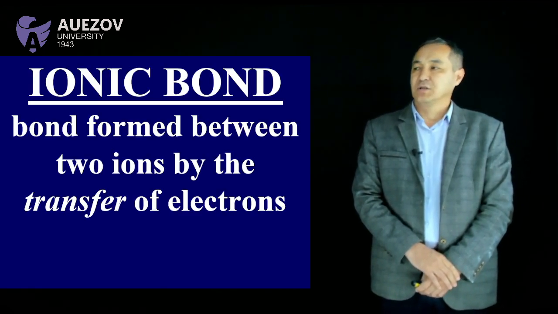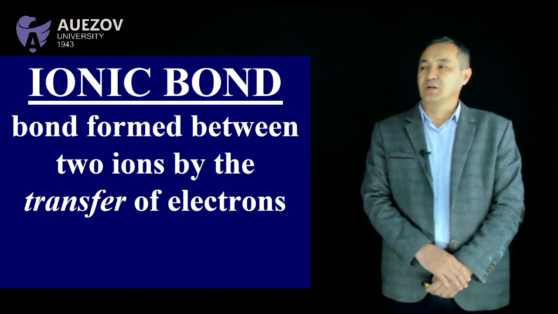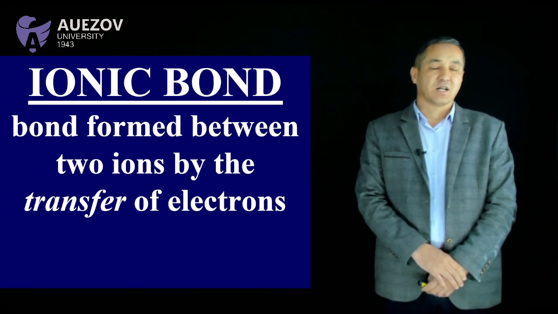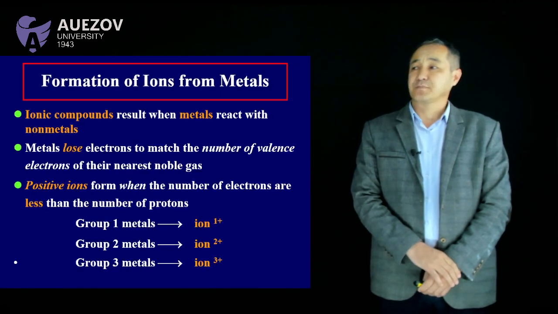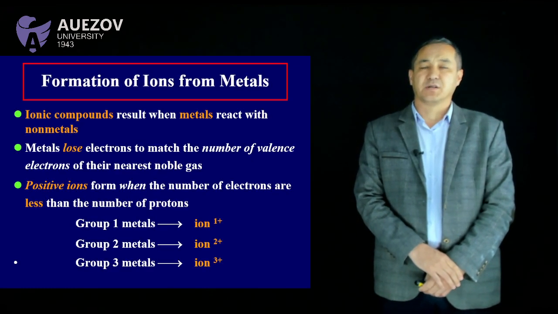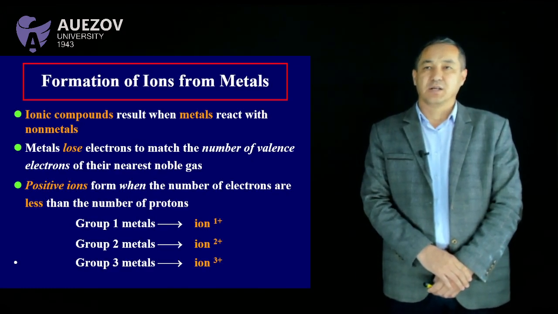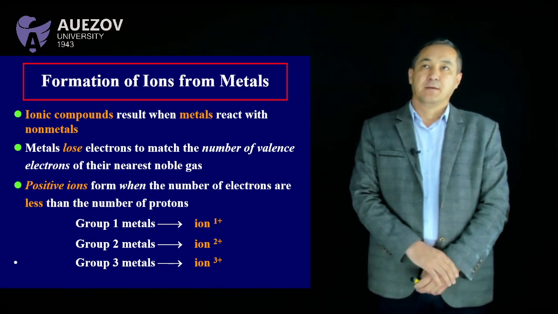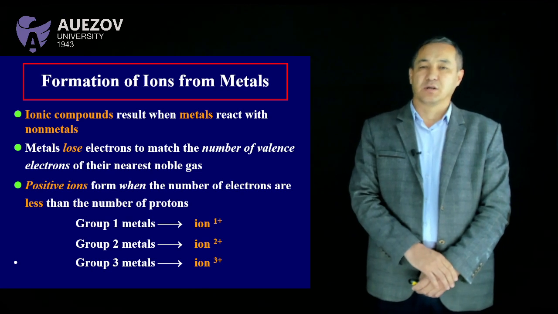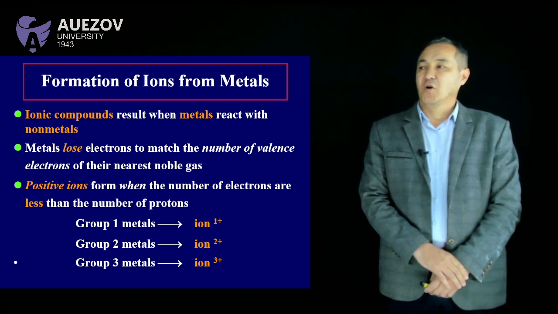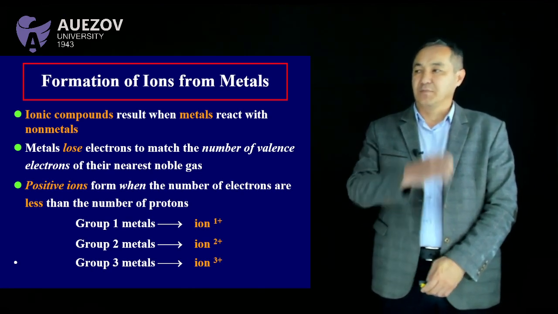Ionic bonds. An ionic bond is formed between two ions by the transfer of electrons. Ionic bonds are formed especially in solution, with formation of ions from metals.